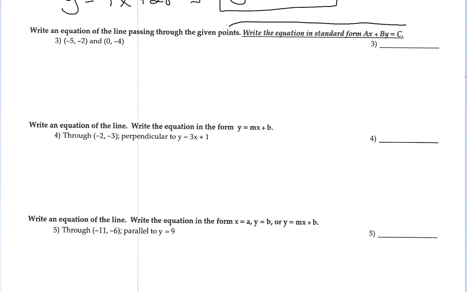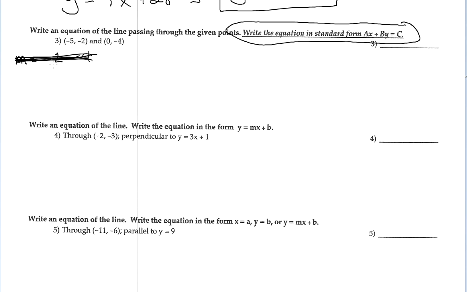Okay, this gave some of us some trouble. I got 2 points. I have to find the slope. So m equals, what was that? Negative 2 minus negative 4. Or I could say it like I usually do, but I'll stay consistent here.